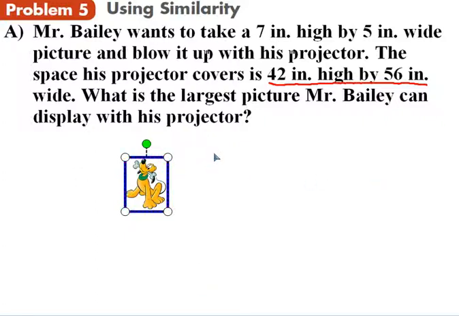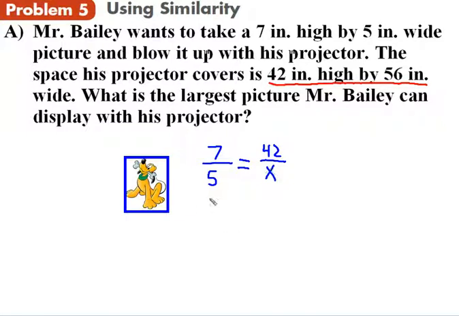I can set up a proportion with that. We can say my original picture is 7 inches high over 5 inches wide, and that'll be equal to the height of the projector, 42, over, we're not sure what the width is going to be, we'll call that x.